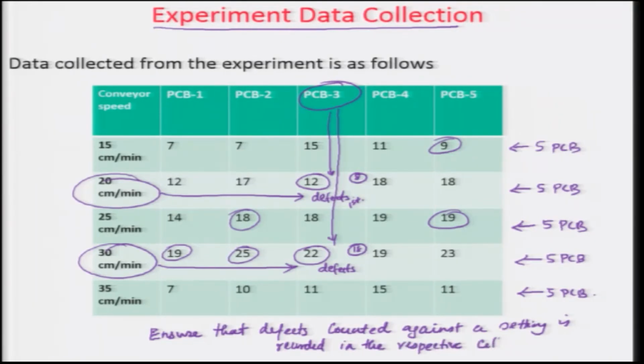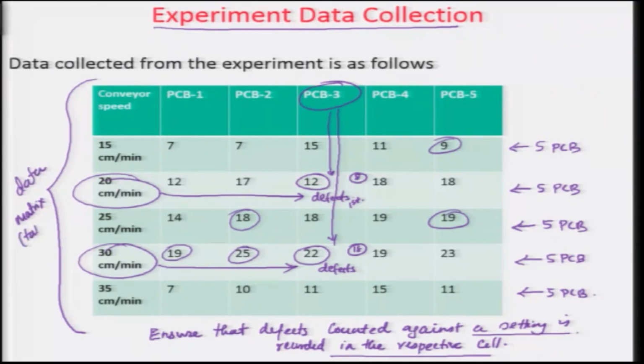Whatever data you collect, you ensure that you record it in the respective cell, and once you are done with these 25 data sets, you get this entire thing, which is what we call the data matrix or data table.